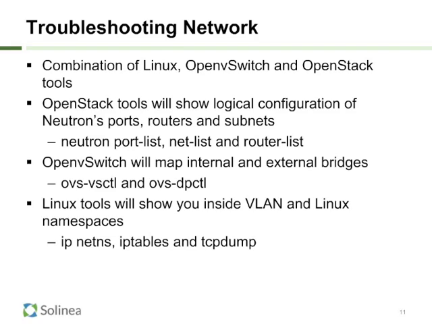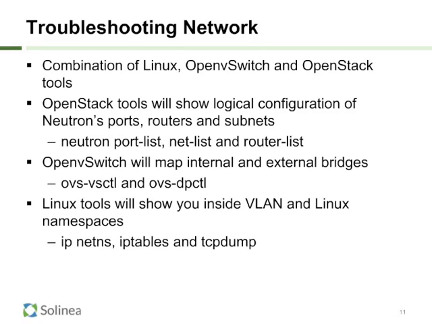In addition, there are a number of Linux tools, and we'll show you how to use one of the Linux tools here on the next slide. But these actually allow you to get inside the VLANs and Linux namespaces that are used heavily within Neutron, and allow you to do some troubleshooting as well as identify some of the configurations there. Now, these tools have existed obviously on Linux for quite a while, but some of them are somewhat new in how people will use them.